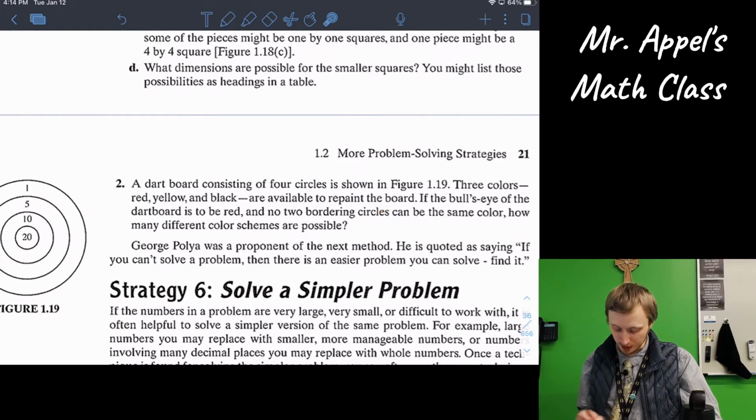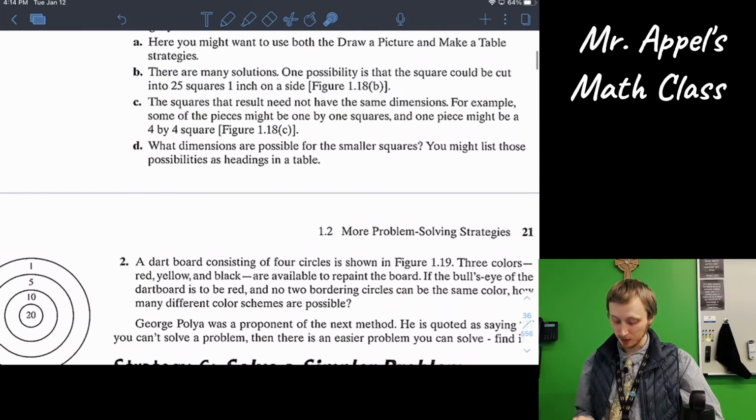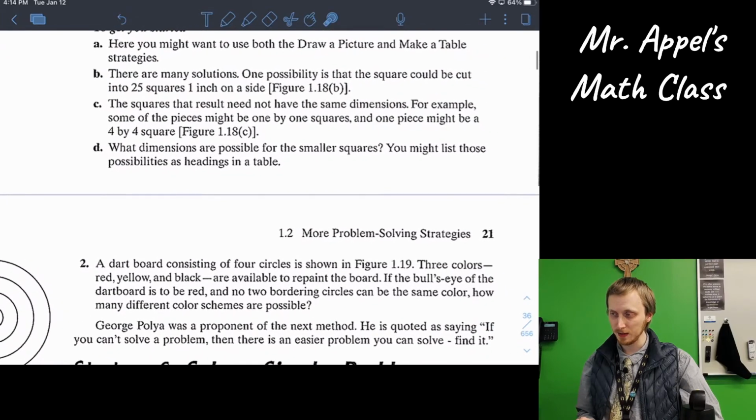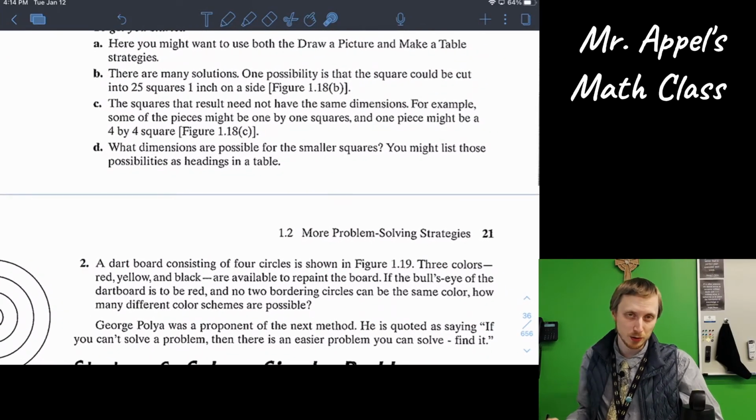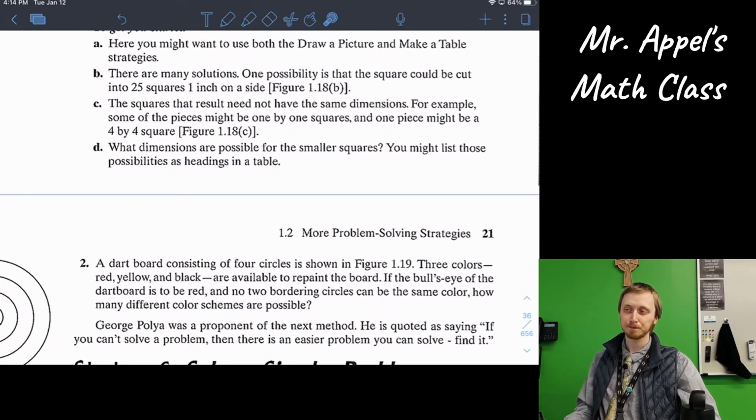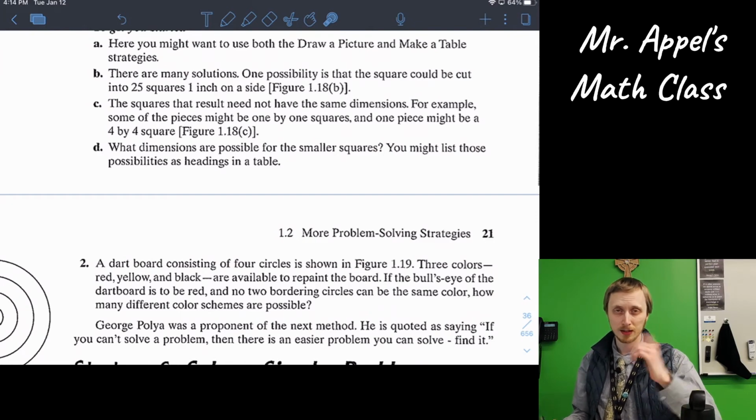If the bullseye of the dartboard is to be red, and no 2 bordering circles can be the same color, how many different color schemes are possible? Okay. There you go. Go ahead and pause the video here, give those problems a try, and come back and we'll have the answers at the end of the video.